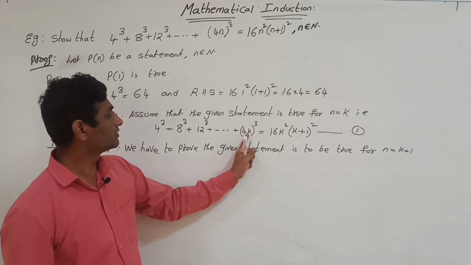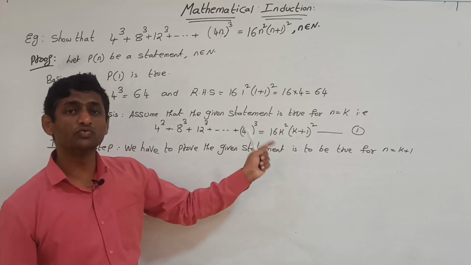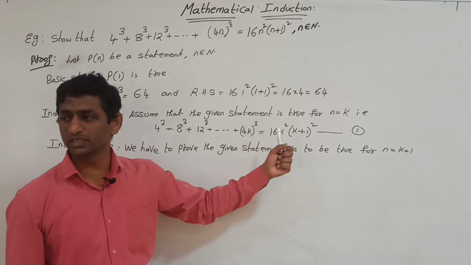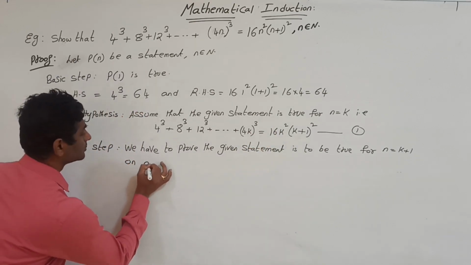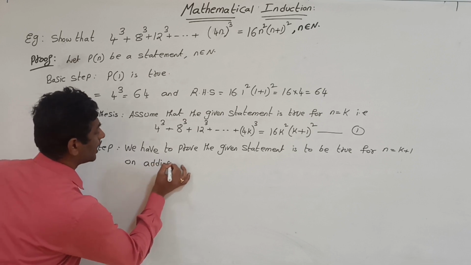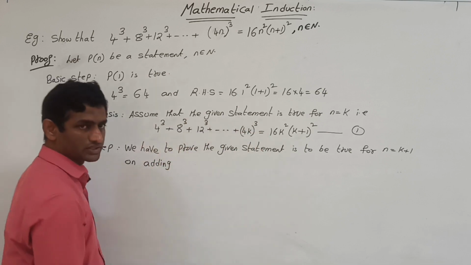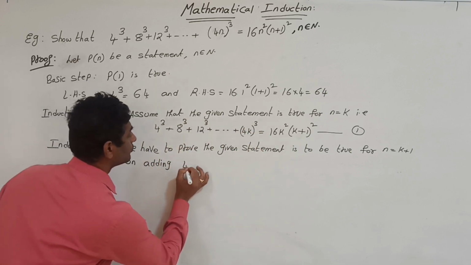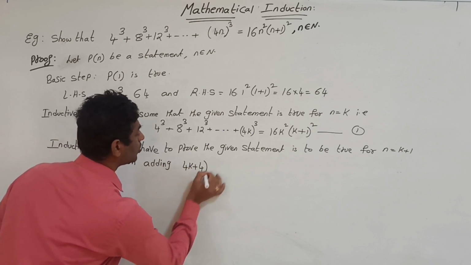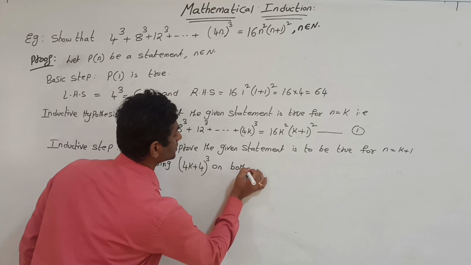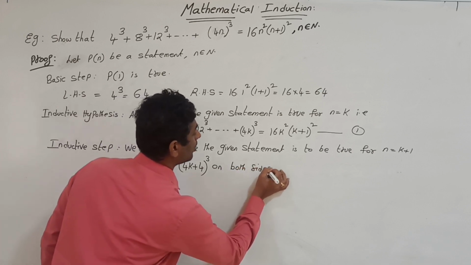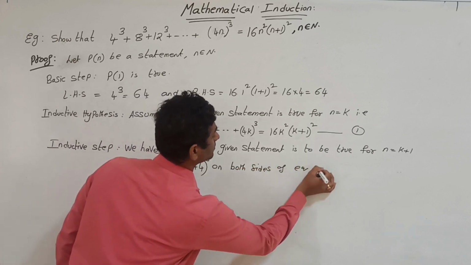For 4k you have to add 4 to get the k plus 1 term. So, as the power 3 is fixed, on adding 4k plus 4 whole cube on both sides of equation 1.